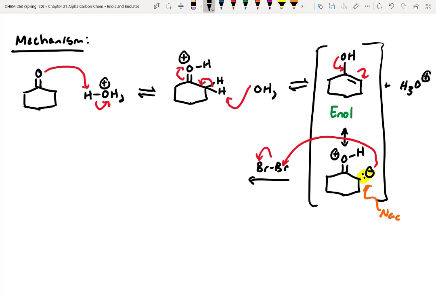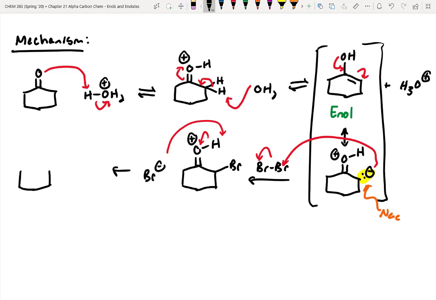All right, so we're almost there. But we still have this proton coming off of our oxygen, and we still have Br minus floating around. So in this case, you can show a proton transfer where some sort of base, in this case bromide, could grab that proton and give you your final ketone product with an alpha bromine plus HBr as your byproduct.